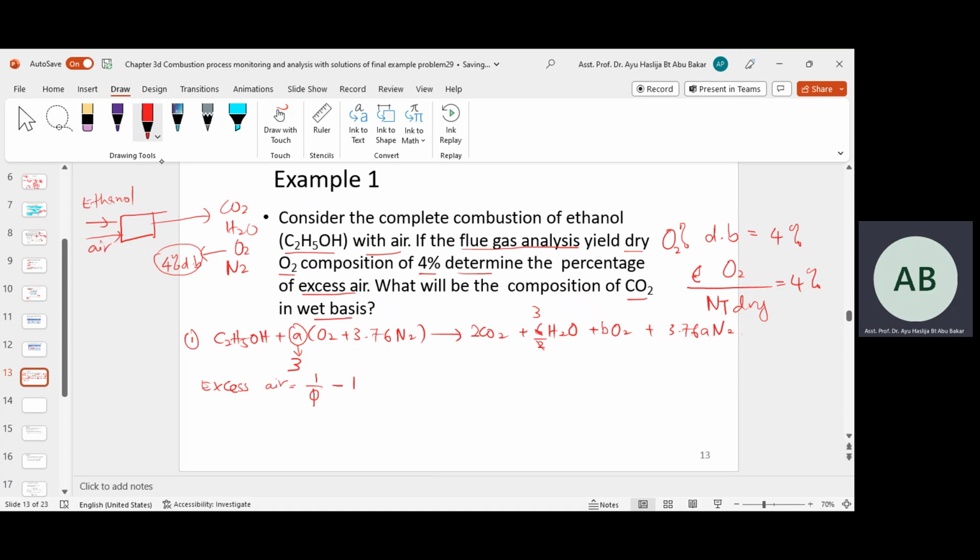If we use this equation, we don't have the equivalence ratio. Can you use the AF equation?